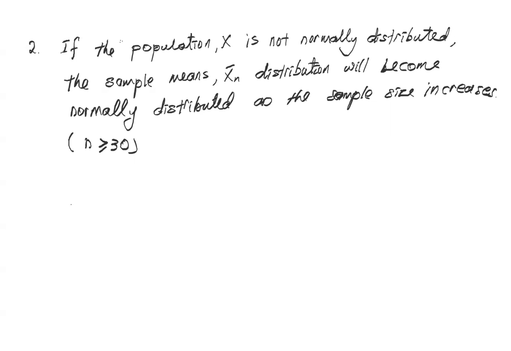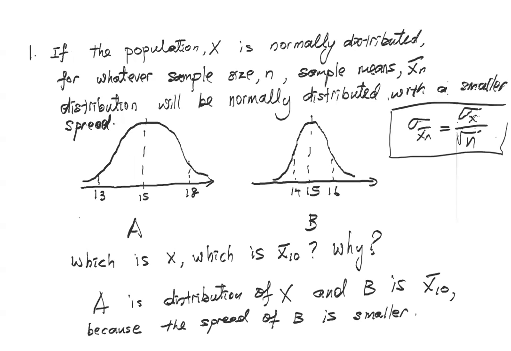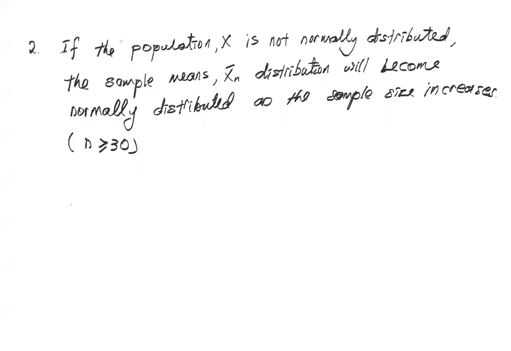It doesn't apply for this case. If I know that the population is normally distributed, for whatever sample size, it doesn't matter. The sample size is large enough to make it normal. But if the population is not normally distributed, then by rule of thumb, in order to justify whether your sample size is large enough or not, you take n greater than 30. Okay, but look, so now I'm going to test you again on your understanding of this.